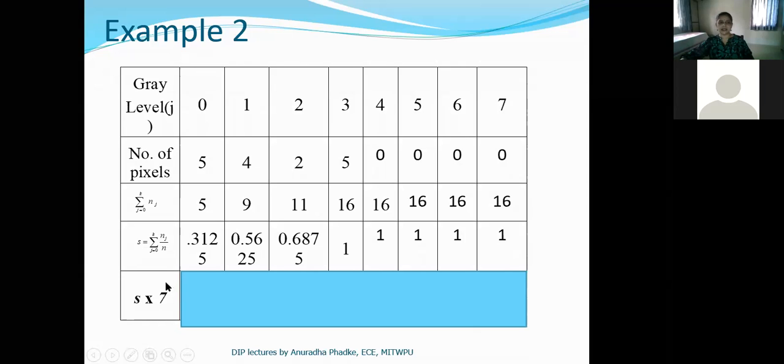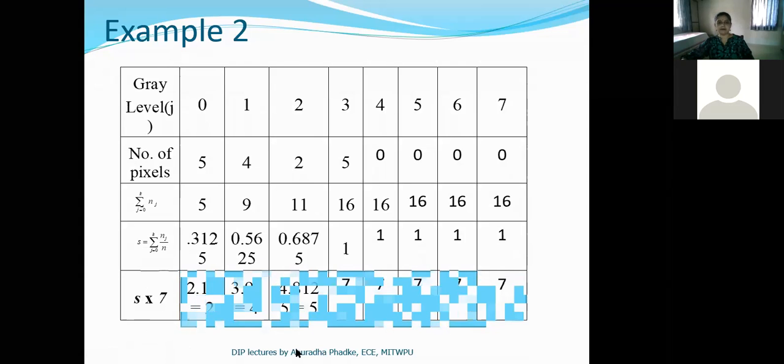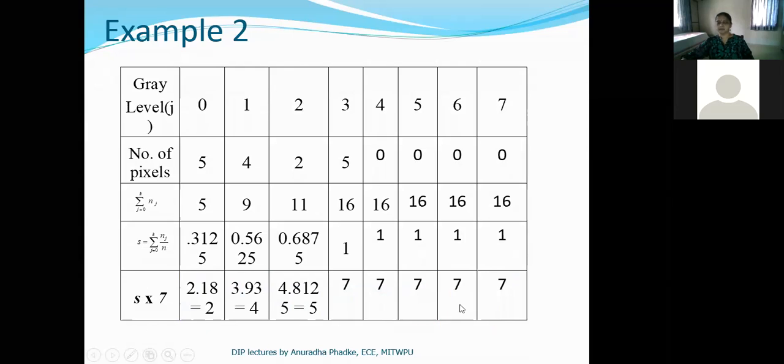We can achieve it simply by multiplying by the maximum gray value, which is 7. So multiply these numbers by 7 and you will get this as your result. These are the new gray values.